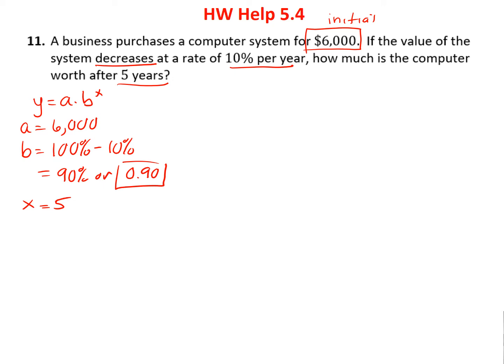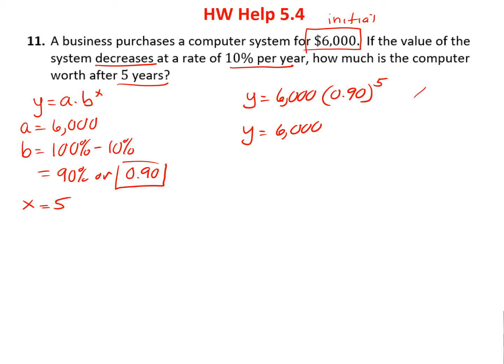So we can write our equation here. y equals 6,000 times 0.90 to the 5th year. Okay? Again, do the exponent first. So if you type into your calculator 0.9 and then either use the caret key, if that's what yours is, or the x to the y key.